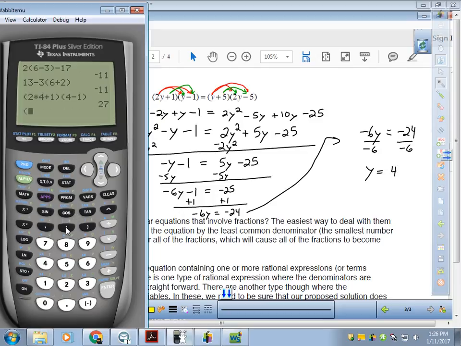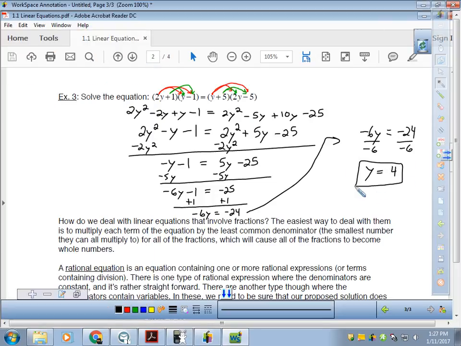On the right side, I have parentheses 4 plus 5, close parentheses, parentheses 2 times 4 minus 5. I also get 27. So since they both got 27, I know this side does equal this side, so that means my answer is correct. So we're okay there.